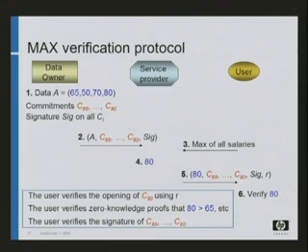And to do this, the user will essentially go through multiple zero-knowledge proofs to get the assurance that 80 is greater than each individual data element.